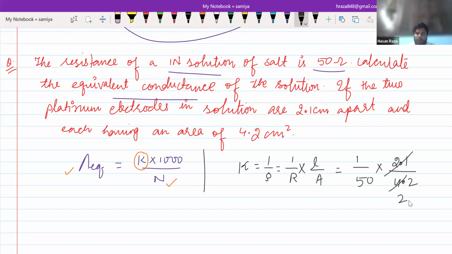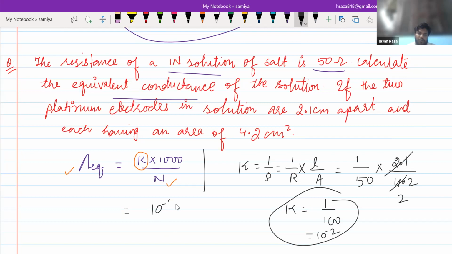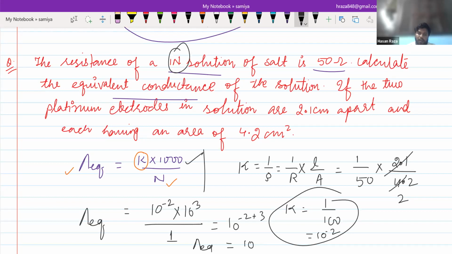Now this will be cancelled by 2 times. So basically kappa will be equal to 1 by 100. Now you can easily put this value in the formula. 1 by 100 can be written as 10 raised to the power minus 2. 10 raised to the power minus 2 into 1000, which is 10 raised to the power 3, upon N, which has a value of 1 normality. So 10 raised to the power minus 2 plus 3 will be equal to 10. So equivalent conductivity will have a value of 10 Siemens centimeter square per equivalent.